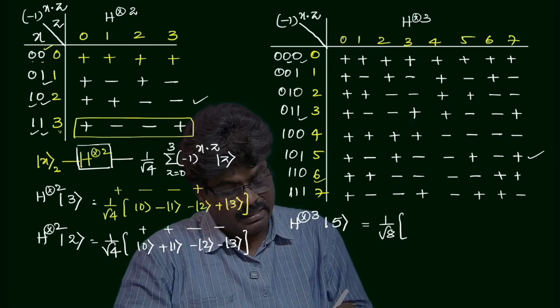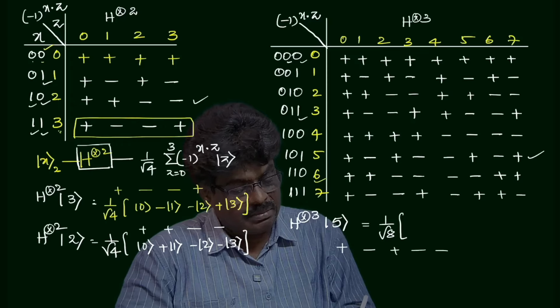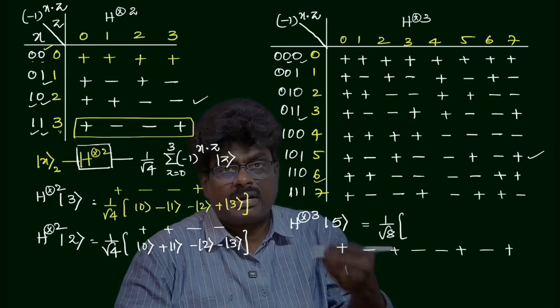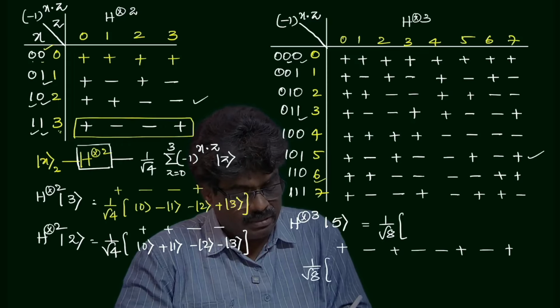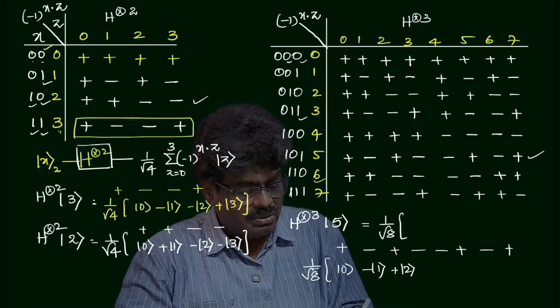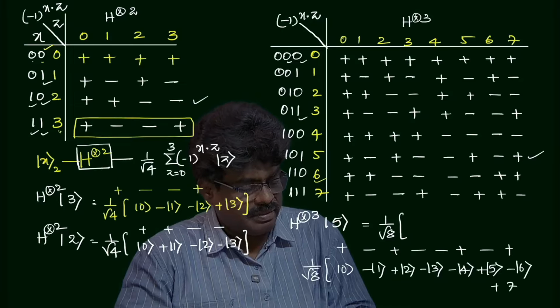Plus minus plus minus minus plus minus plus. Just take that. Just for understanding I'm writing it, later you need not write. 1 over root 8, so this is 0 minus 1 plus 2 minus 3 minus 4 plus 5 minus 6 plus 7.